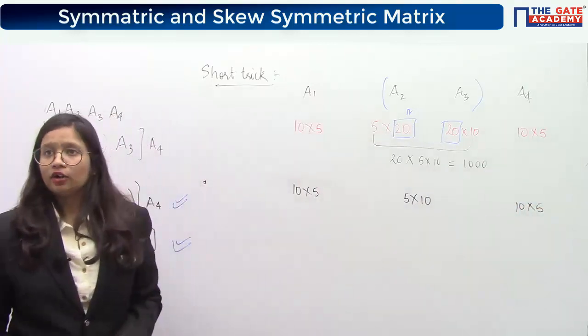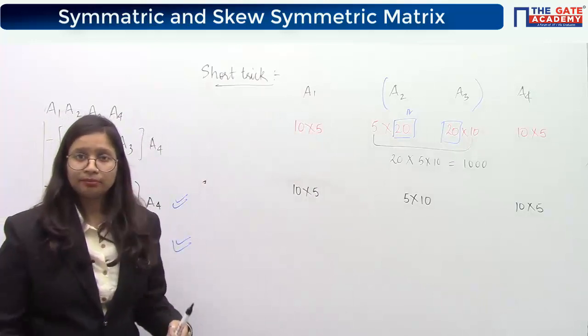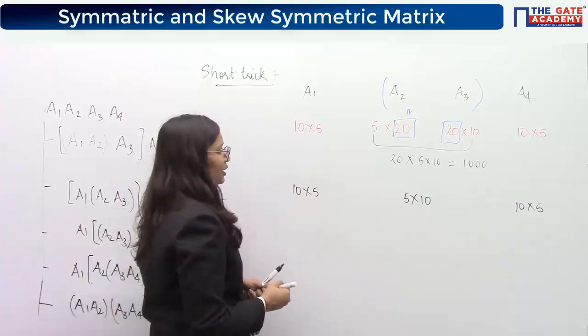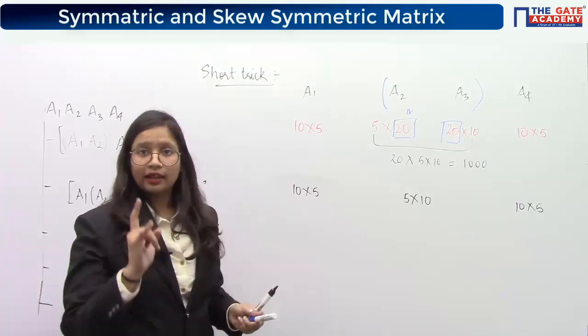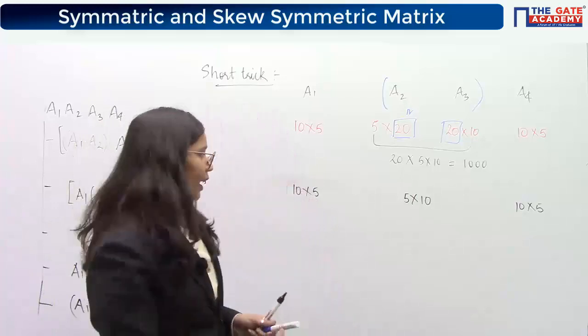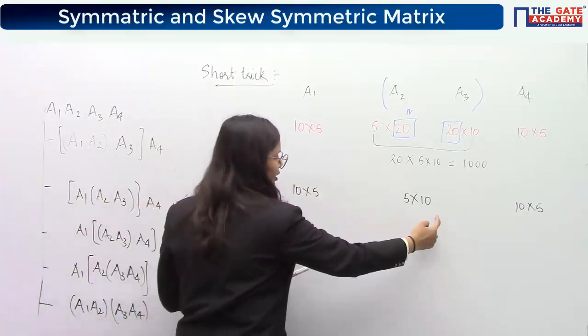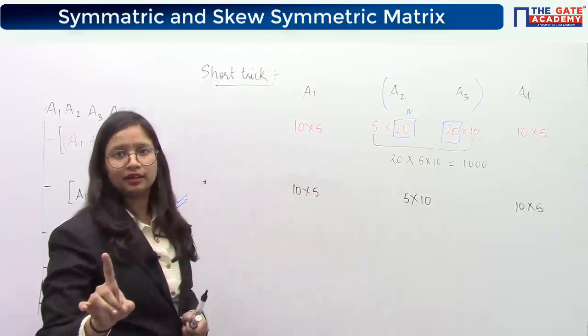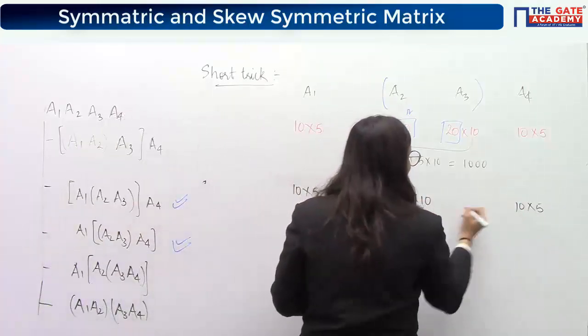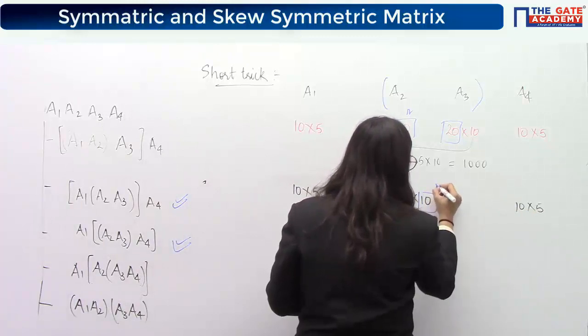Now again I look for the maximum number present among the orders. You can see that 10 is the maximum number, and that 10 should be made the n value. If you multiply this matrix and this matrix, then 10 is not becoming n, 5 is becoming n. So we should multiply these two together so that 10 becomes your n.